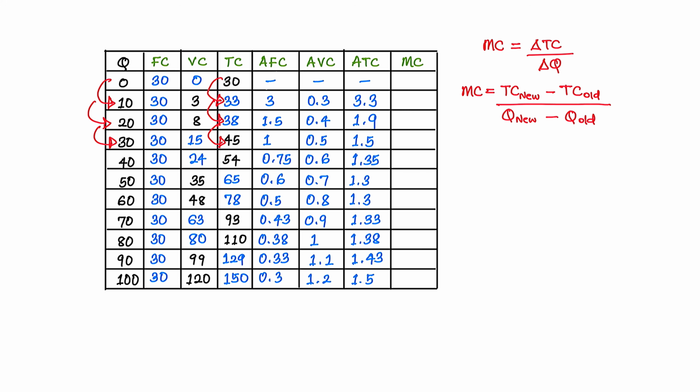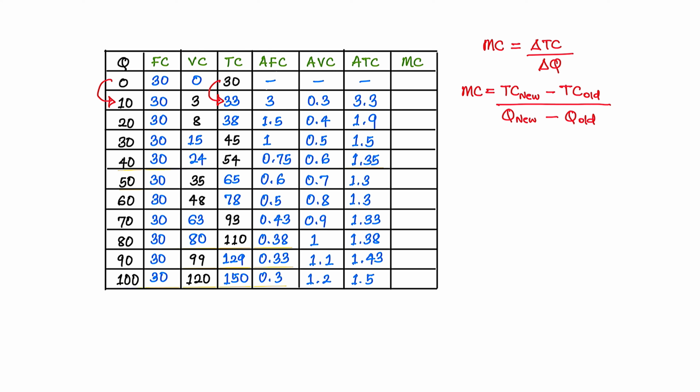This is what the marginal cost is calculating. That is the additional increment in the cost as the level of output increases. For the first increment, before the output was 0, then the output increased to 10. So what is the increment in the cost when the output changes from 0 to 10?